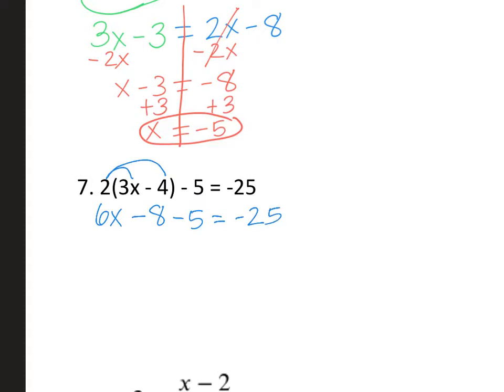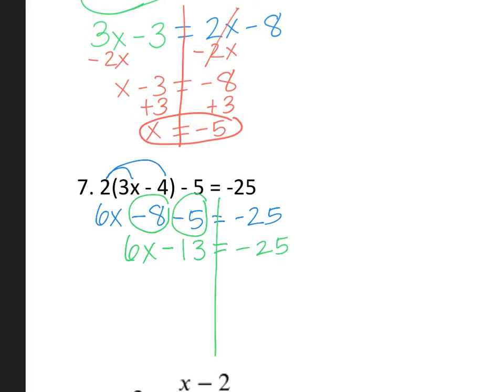I do need to combine my like terms because I have integers on the same side of the equal sign on the left side. It is negative 8 and negative 5. When I combine those, I'm going to get negative 13. So now I have 6x minus 13 equals negative 25.